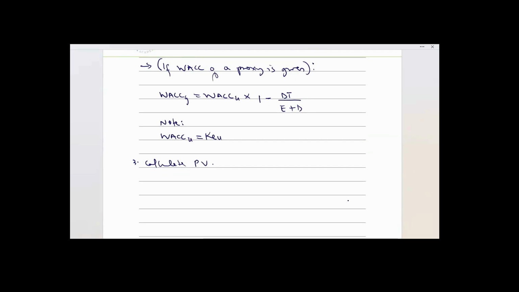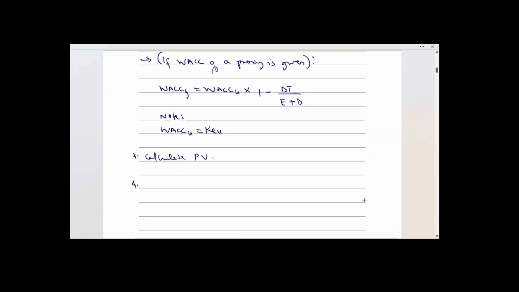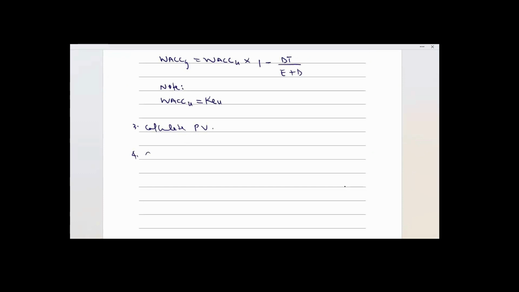Step 4 says calculate base case NPV. Of course, the base case NPV represents the difference between the present value of cash inflow and present value of cash outflow.